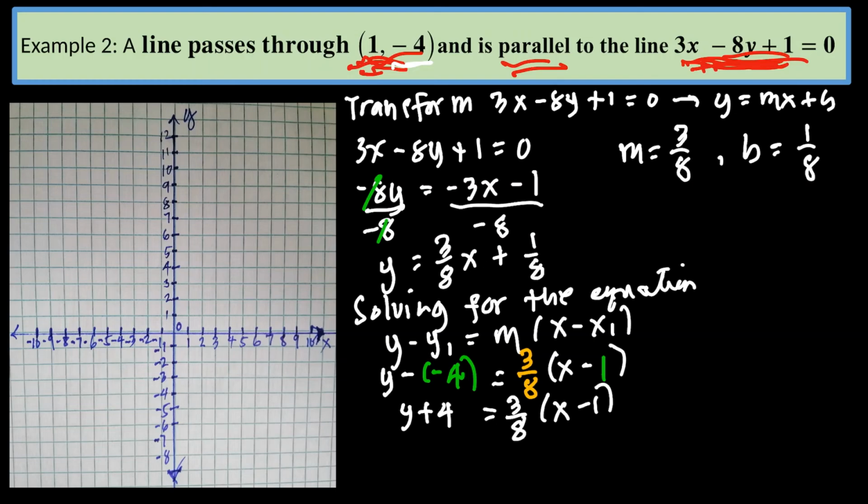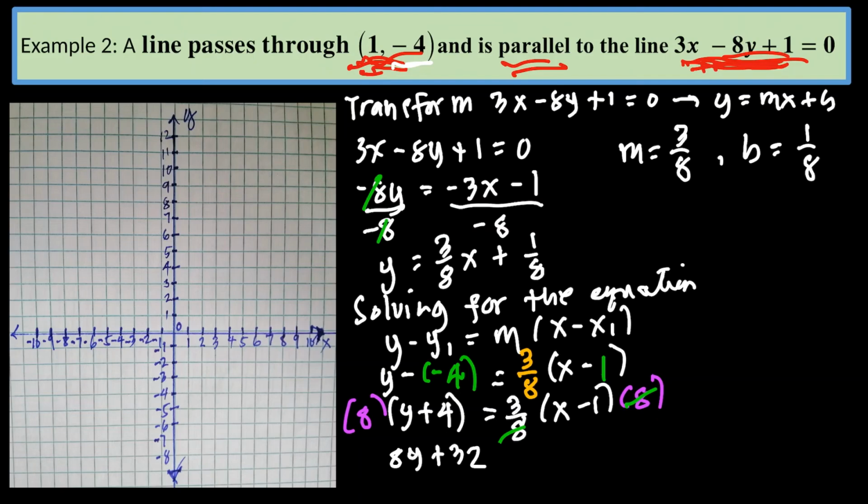We can multiply both sides by 8. So 8 times y is 8y, and 8 times 4 is 32.